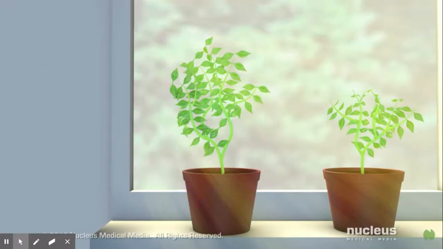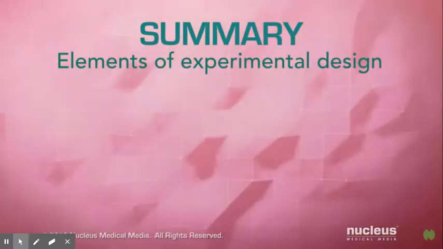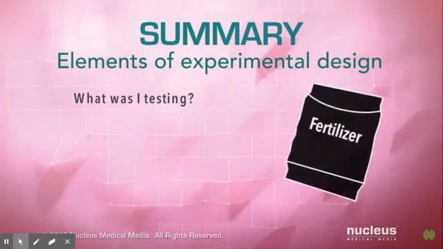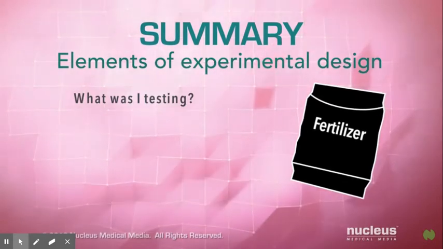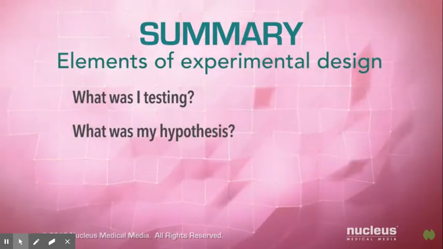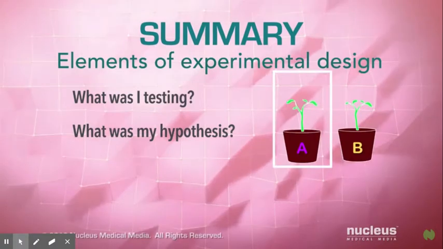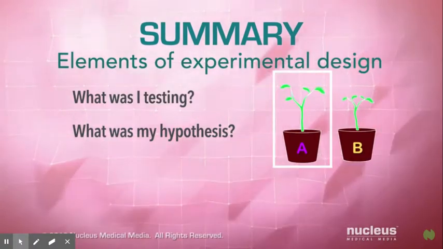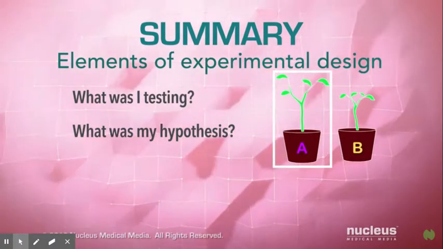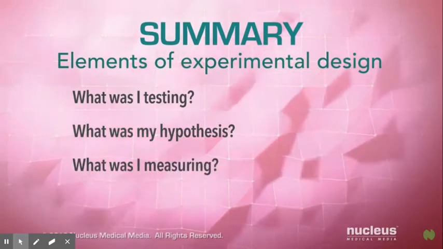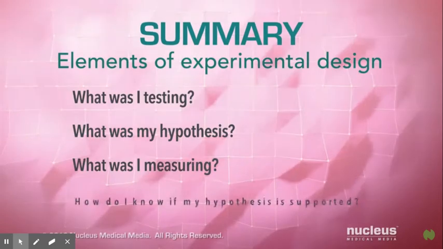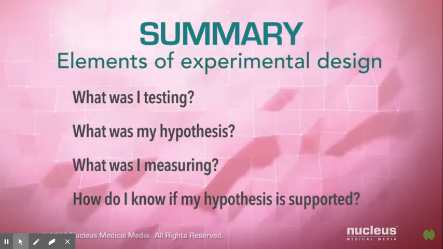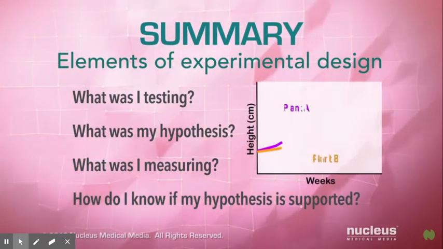So let's recap the elements of experimental design. What were you testing? You were testing to see whether or not fertilizer promotes plant growth. What was your hypothesis? The hypothesis was that the plant that got fertilizer would get bigger than the plant that didn't get fertilizer. What were you measuring? You measured the growth of both plants. How do you know if the results of the experiment support your hypothesis?